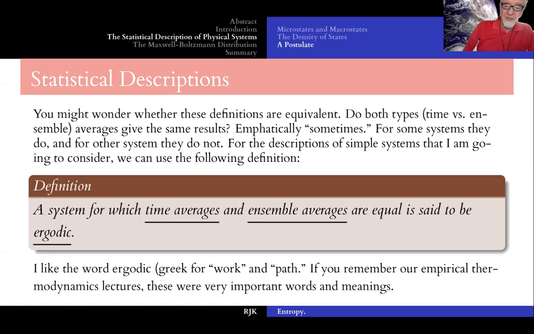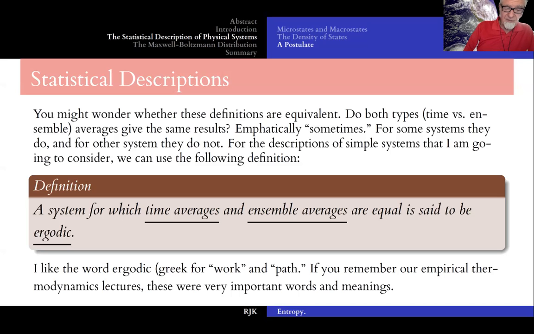For the simple systems that I'm going to consider, we're going to use the following definition: a system for which time averages and ensemble averages are equal is said to be ergodic. I like the word ergodic.